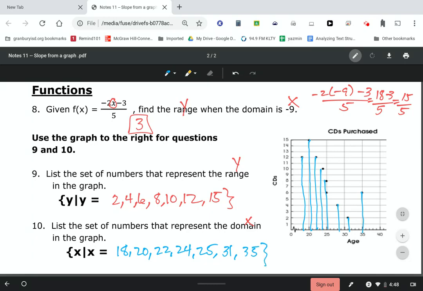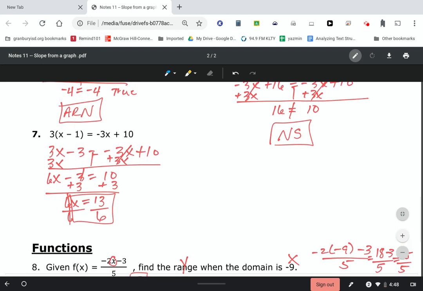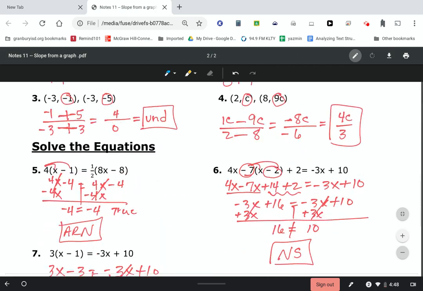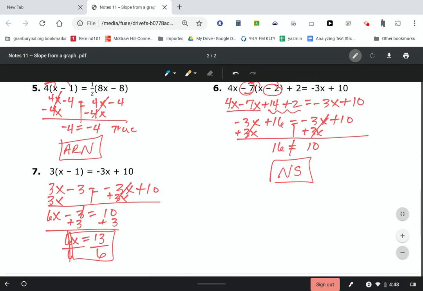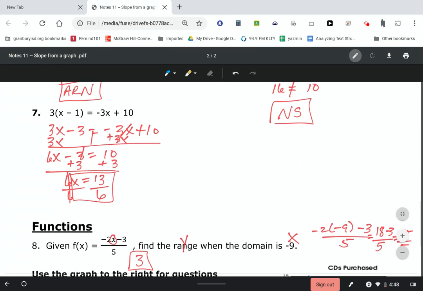And that looks like we're done on that. Okay. So this is just a review here on the end or on the back side of these notes. But again, the front side does go over finding the slope from a line.